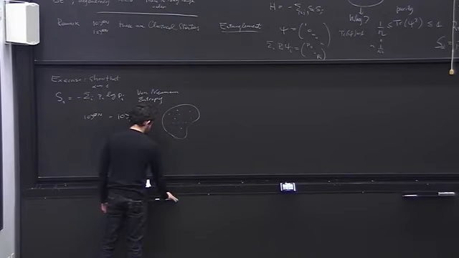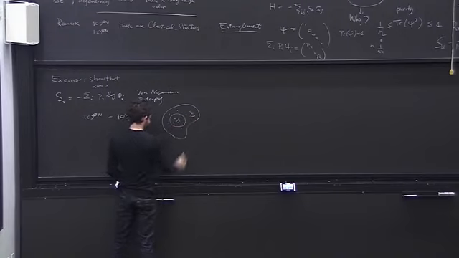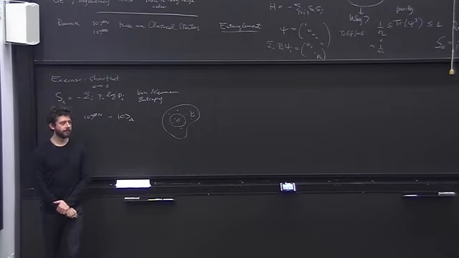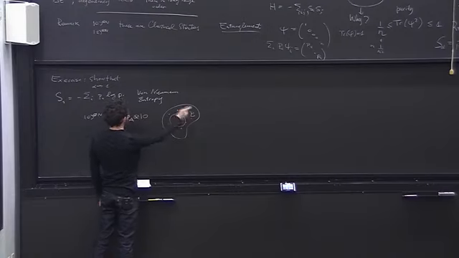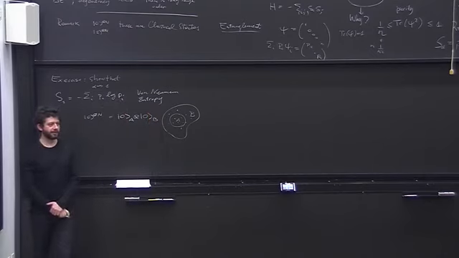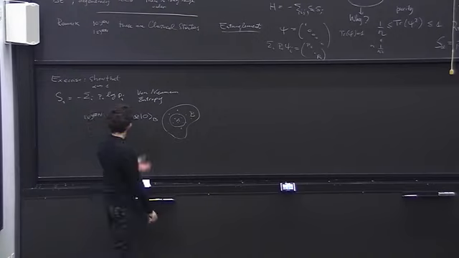And now I take one set of spins that I call A, and the rest is B. So I can write this state, all spins up, as all spins up on A and all spins up on B, right? It's a triviality. And now imagine that I do not have access to B.